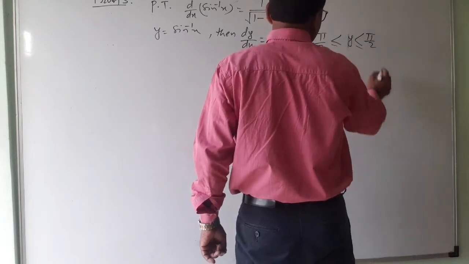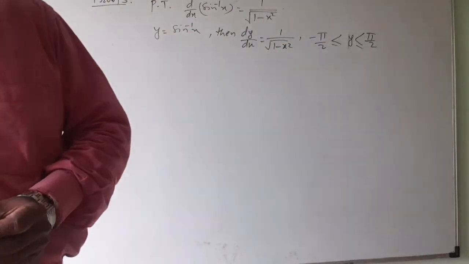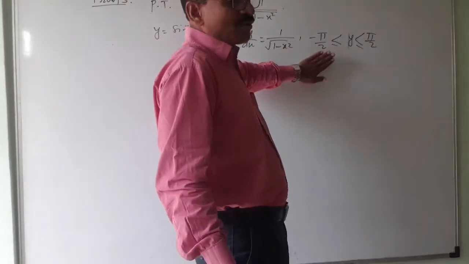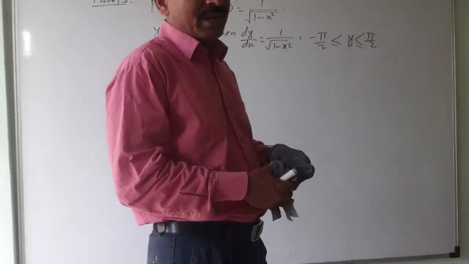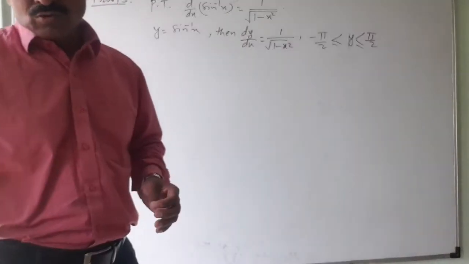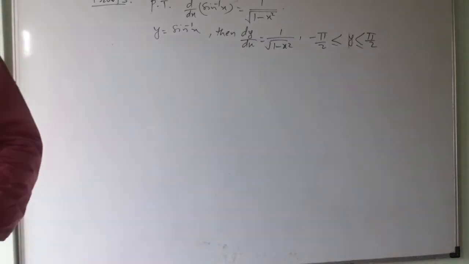What the range is and what the domain is, we will study in a separate lesson, trigonometric functions, in lesson number 3. But how to go for these proofs, that we are going to see, analyze it very properly.